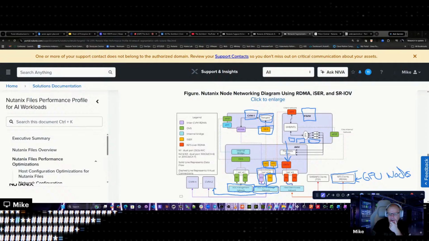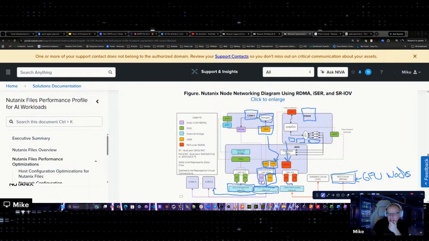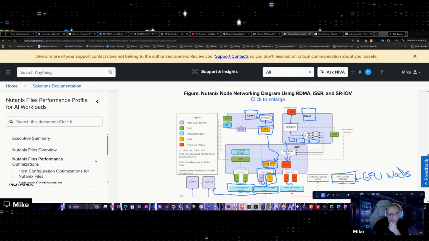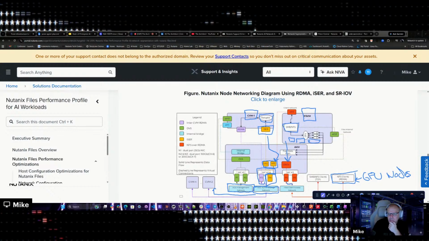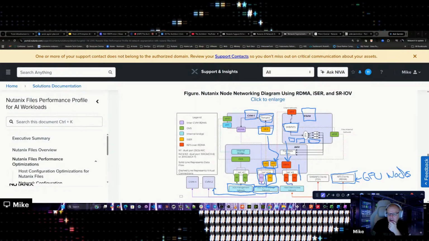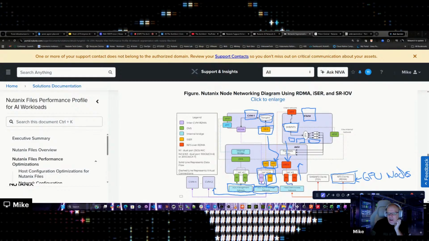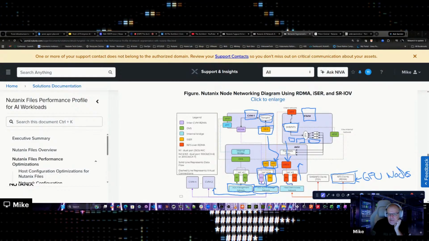And then your iSER network, which has no uplinks, where this NIC is just offloading iSCSI to present the block storage back to the file service VM. Then the file service VM has the software to present these protocols back to the client network. And that's basically how it operates on a per node level.